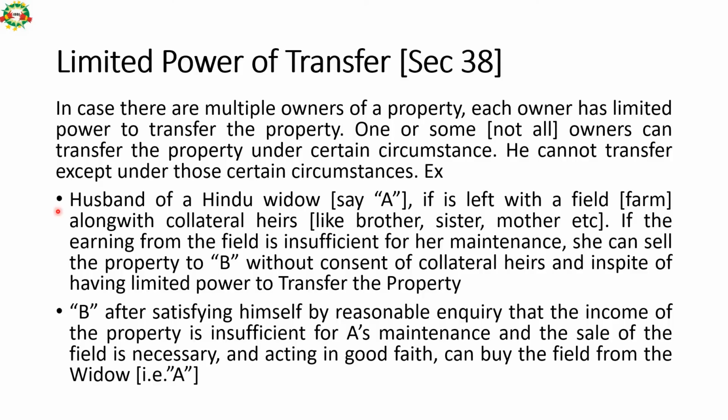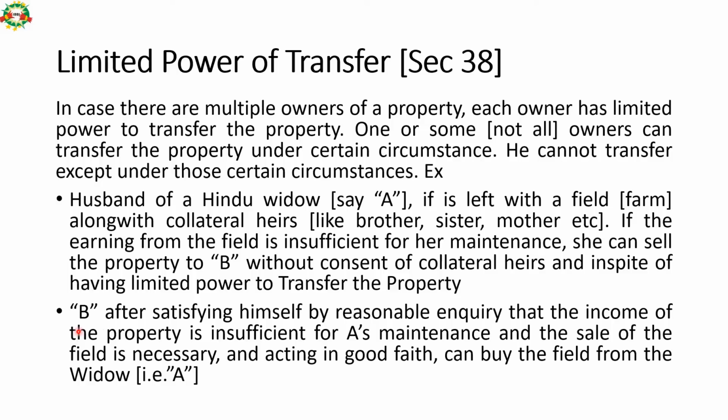If I am a widow and I want to sell my field or farm in which I have limited interest, along with the brother, sister, mother of the deceased husband, but because the earnings are insufficient for my maintenance, I can sell my property without taking permission from these collateral legal heirs.